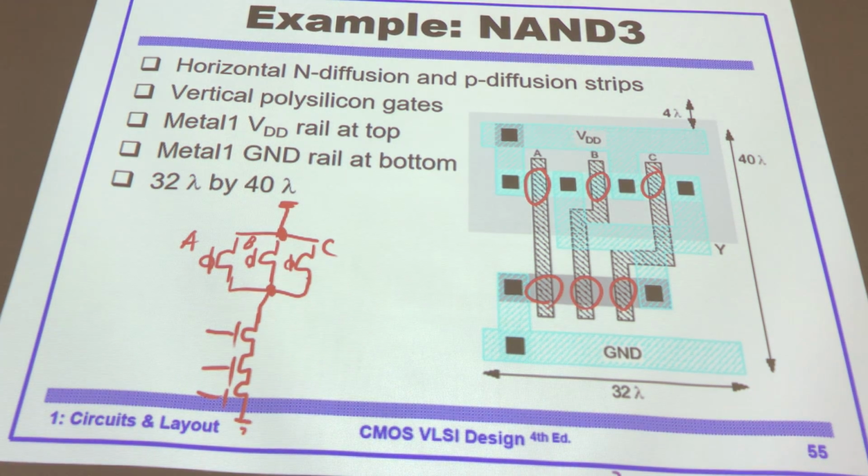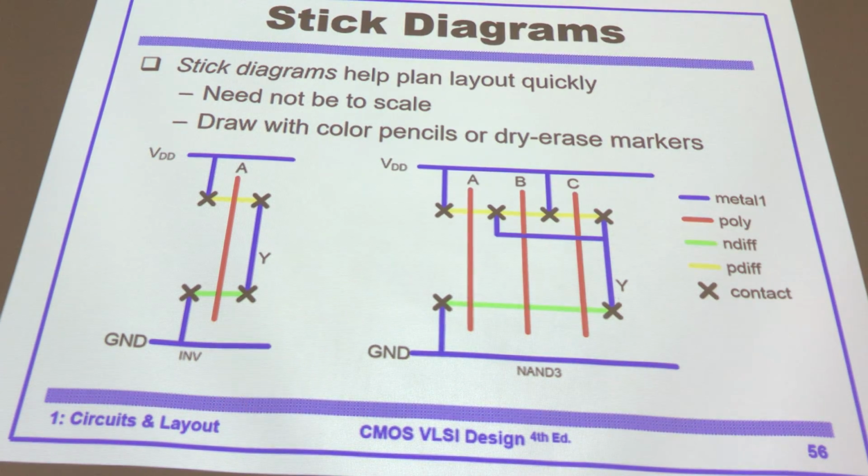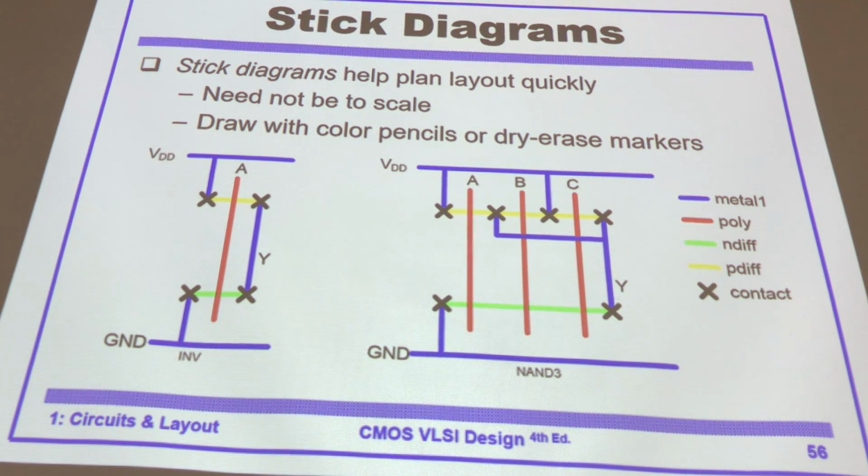But sometimes we don't want to spend too much time drawing the layout because we just want to come up with some idea and try to design the circuit. You might use this diagram. This diagram just gives you the rough circuit and connections, but not the real dimensions, not the real height, not the real width. Okay?